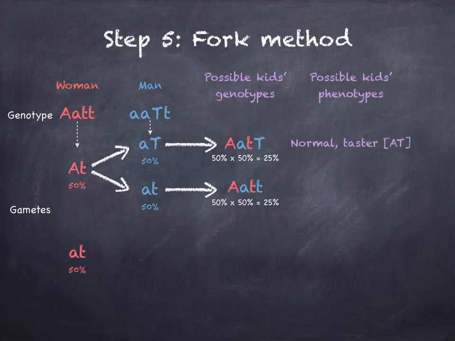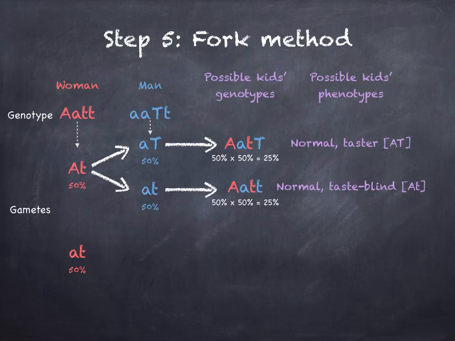So again, 25% of the kids on average will have normal skin color and be taste blind.